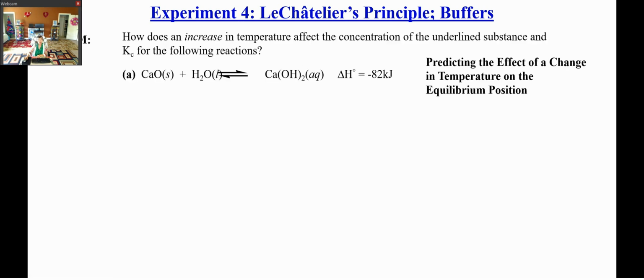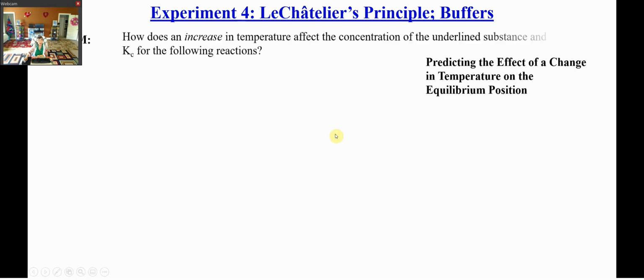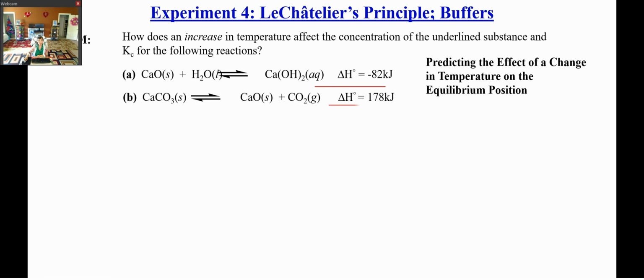Next, we are going to predict the effect of a change in temperature on equilibrium. In this first equilibrium, your delta H is negative, meaning this is exothermic. If it's exothermic, heat is your product, so you rewrite your equation with heat as your product.